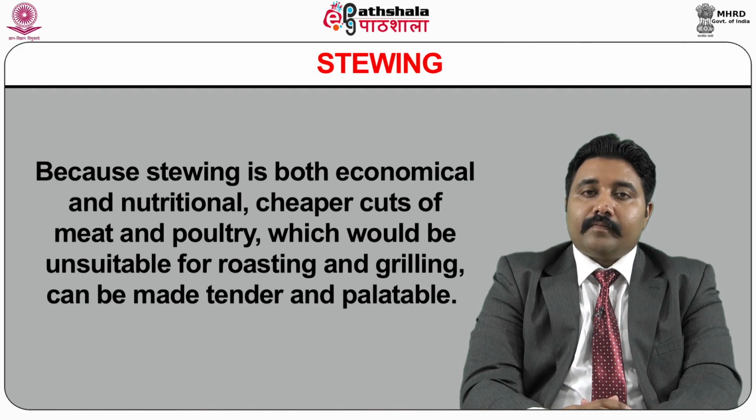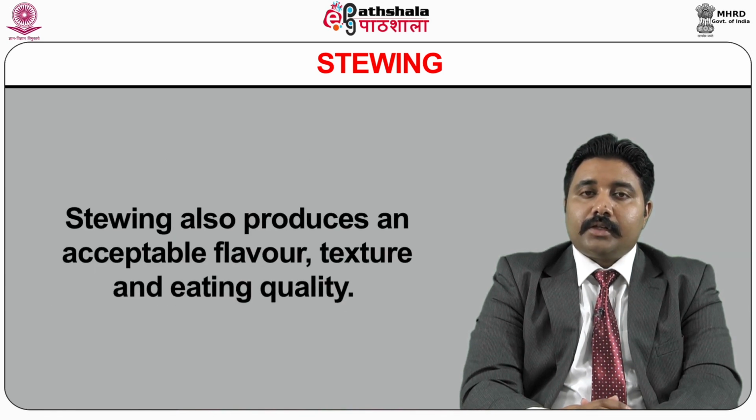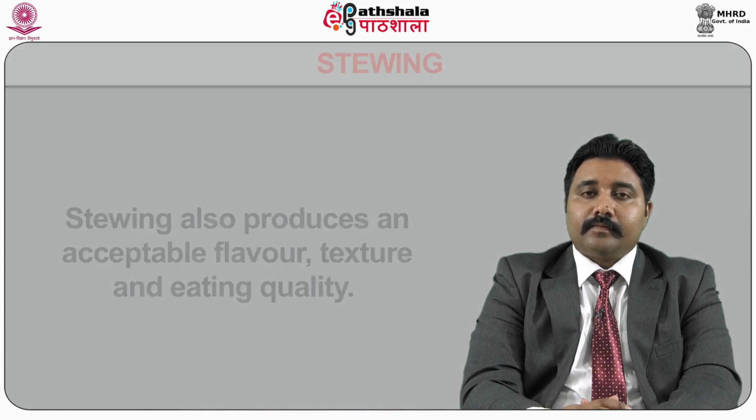Stewing is both economical and nutritional. Cheaper cuts of meat and poultry which would be unsuitable for roasting and grilling can be made tender and palatable. Stewing also produces an acceptable flavor, texture and eating quality.